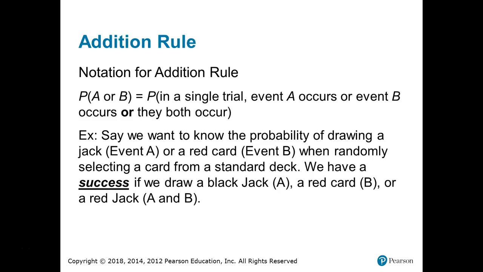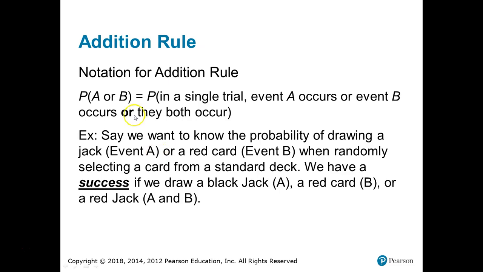So let's talk about addition rule. First we'll begin with the notation. The probability of A or B is really just saying the probability that, in a single event, event A occurs, or event B occurs, or they both occur. So an example would be, we want to know the probability of drawing a jack, event A, or a red card, event B, when randomly selecting a card from a standard deck.